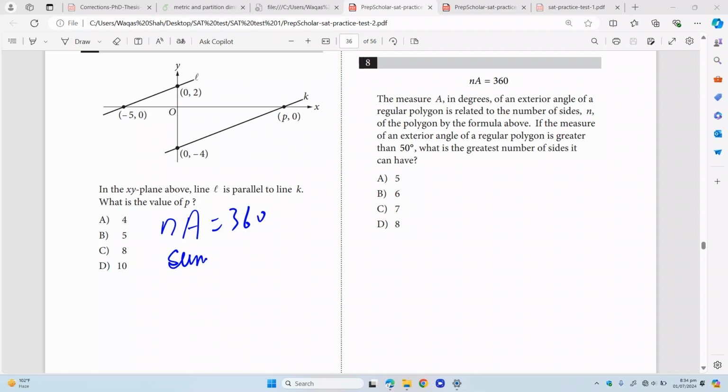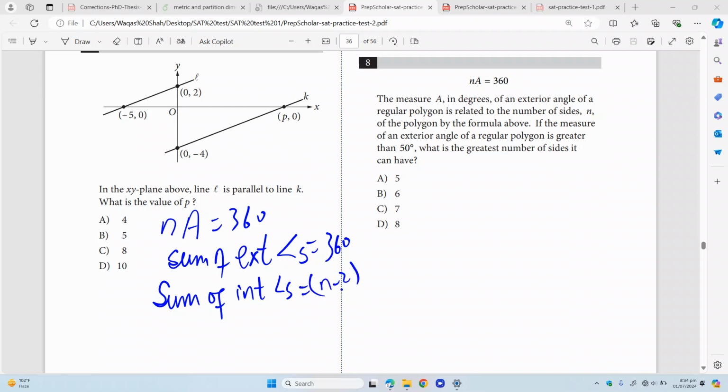The sum of exterior angles in a polygon is equal to 360 always, okay. And the sum of interior angles of any polygon is equal to n minus 2 times 180, okay. That is the sum of interior angles, okay.